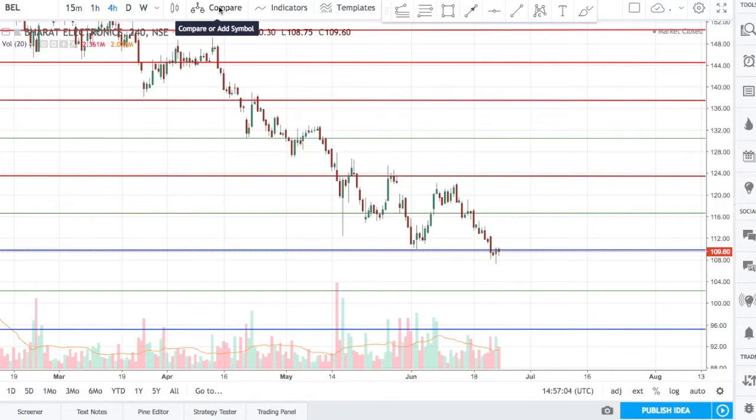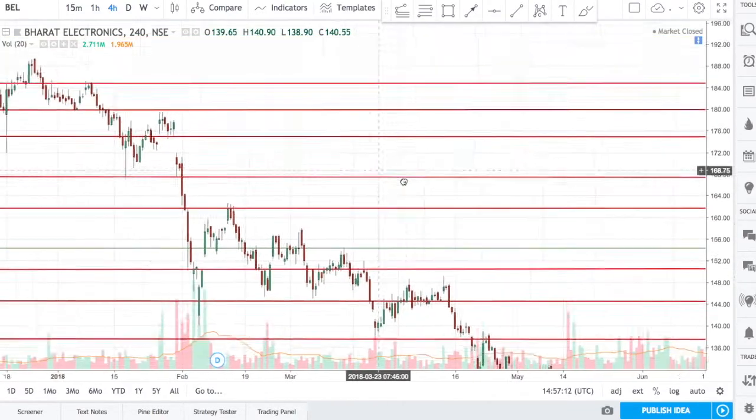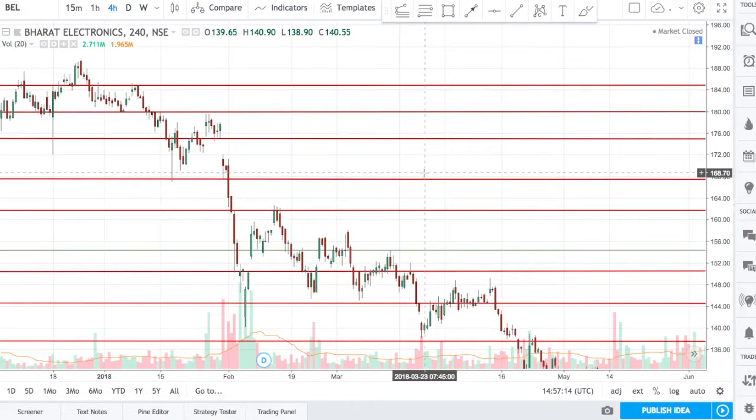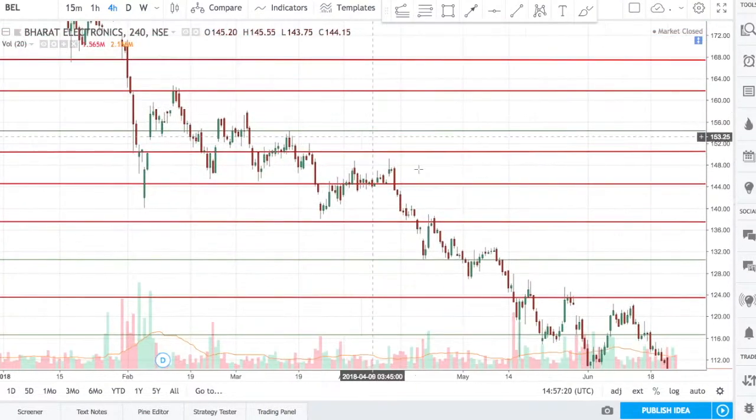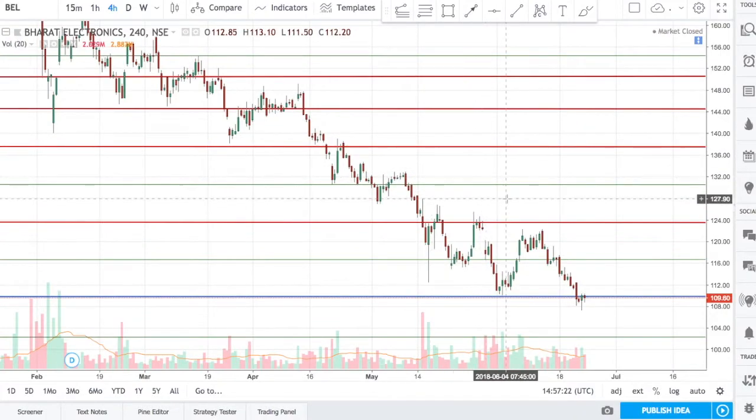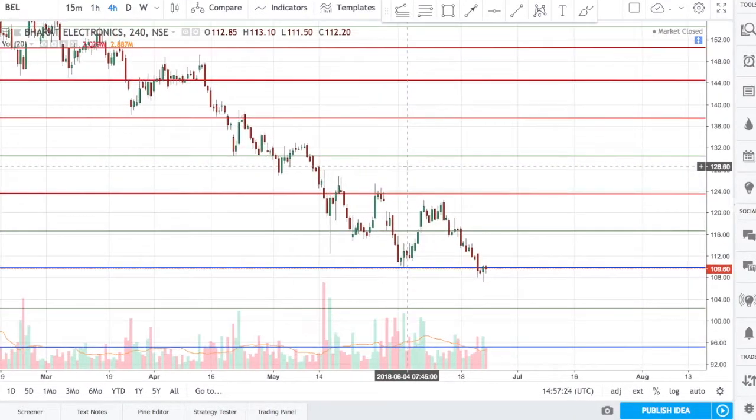The first one is on Bharat Electronics or BEL. As you can see from the chart here, BEL is in a prolonged downfall since the beginning of this year.